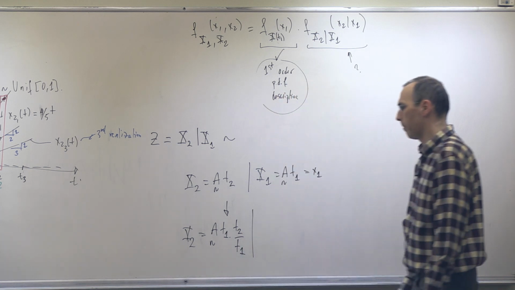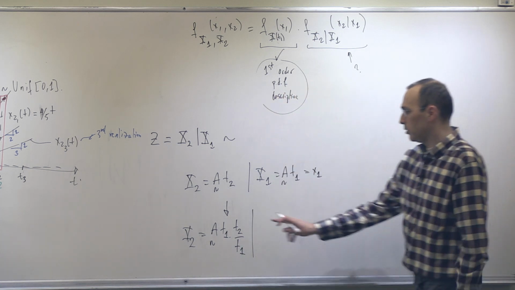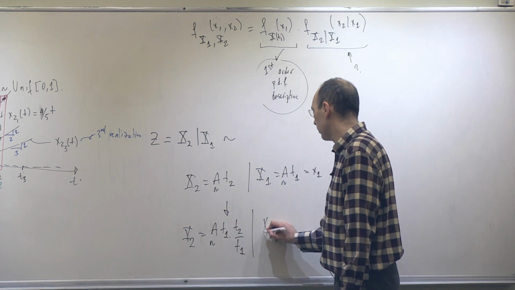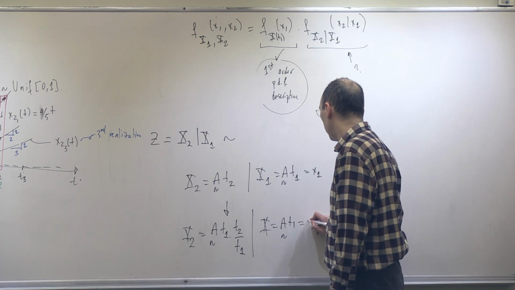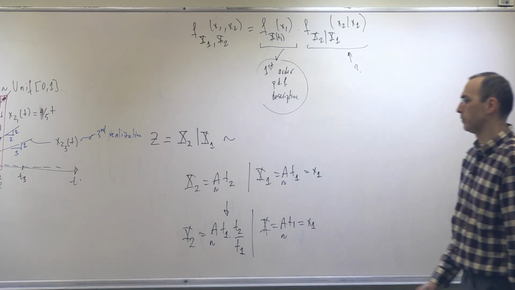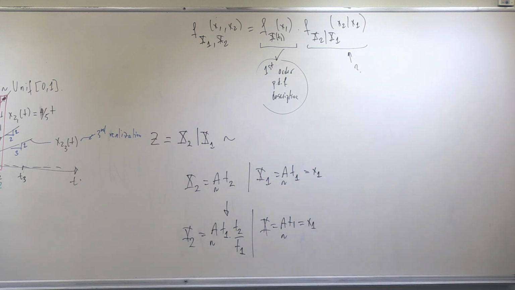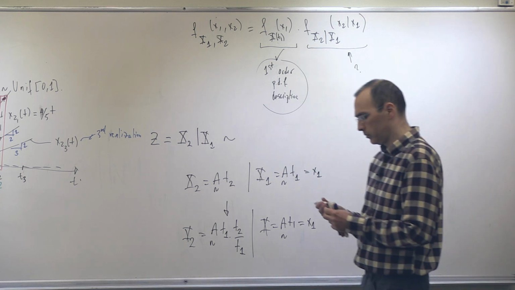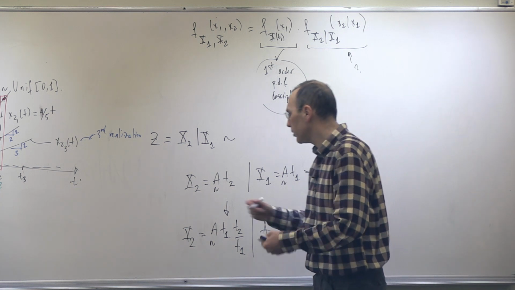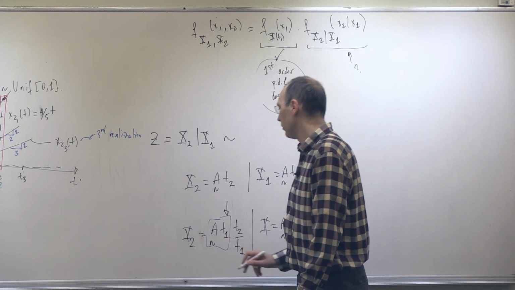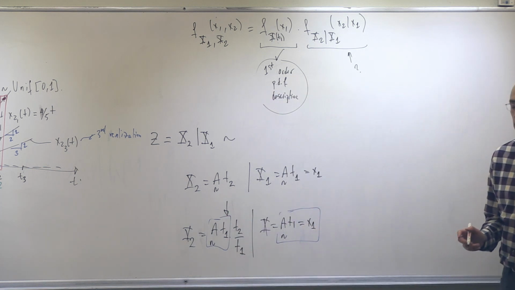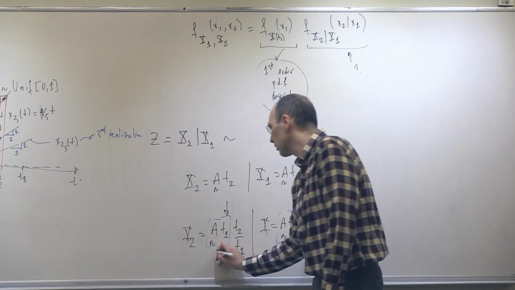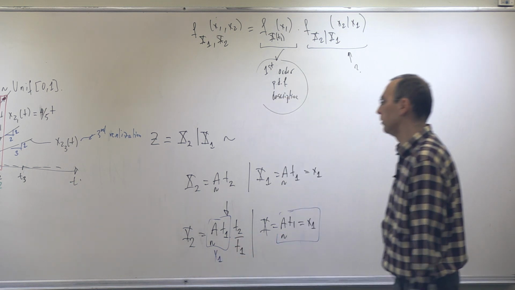This is always valid by cancellation. And x1 is equal to a times t1 is equal to x1. So what do you think? Now in this conditioning event, this becomes, again this notation, small x1.